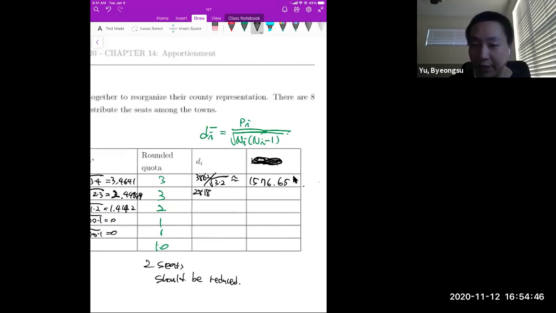The second line, 2818 over the square root of 3 times 2, is 1150.44. 1881 over the square root of 2 times 1 is almost 1313.07. 500 divided by 0 is infinity, and 21 divided by 0 is also infinity.